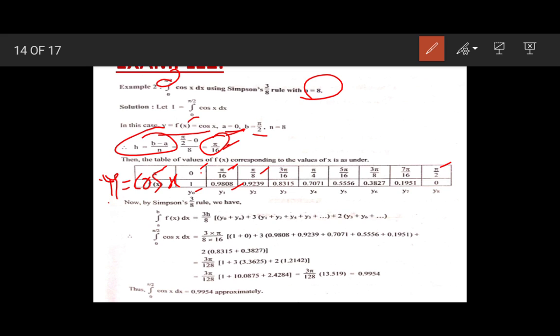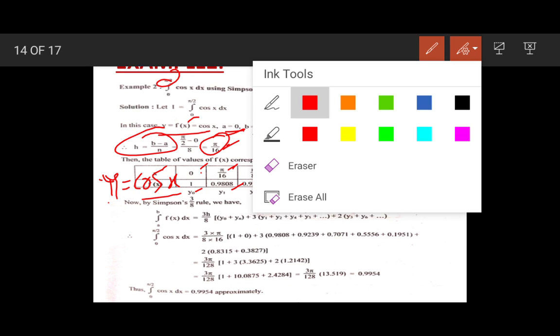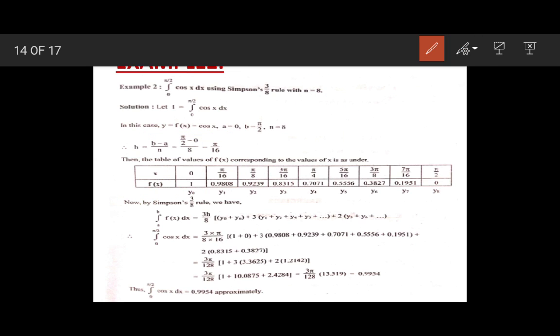Then when x is equal to pi upon 8, then y will be cos pi upon 8, so it will be 0.9239. So like that we prepare these y values. Now we have the x values, then the y values. Then the next step is we are going to write y0, y1, y2, y3, and so on.